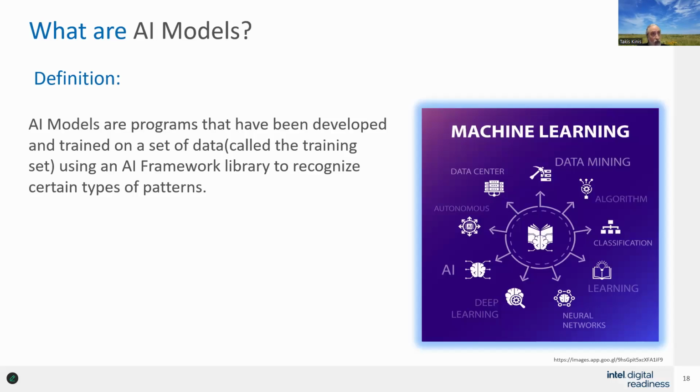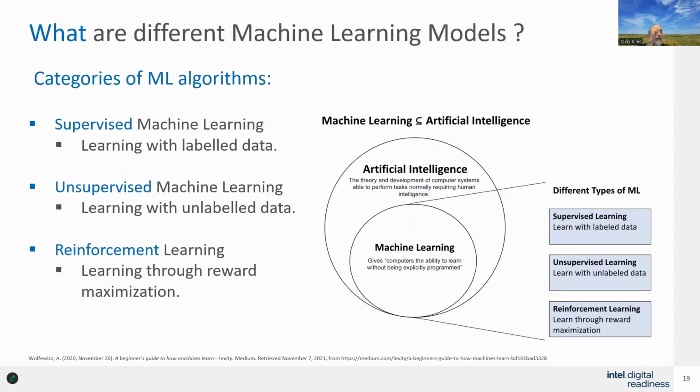You use a large portion of it to train your model, and then you use the remainder to test the model to see if the training worked, right? So you develop it and train it on a set of data, and then we use some sort of AI framework to help us recognize patterns, right? And the frameworks are, of course, dependent on the kind of math and scenarios.